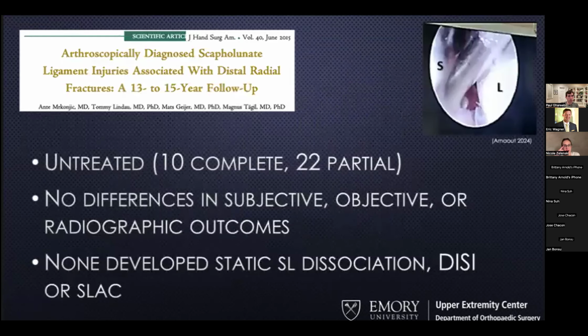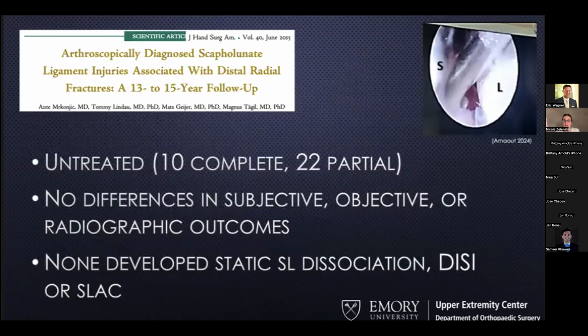This is another study of 32 patients with long-term follow-up of 13 to 15 years, essentially following both partial and complete SL tears over that time. Most of them were partial tears, 10 had grade 3 tears, and there were no grade 4 tears.